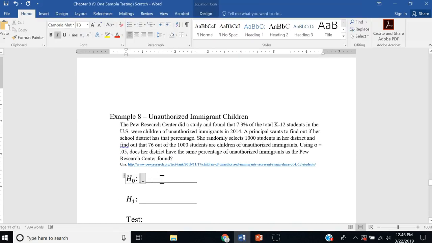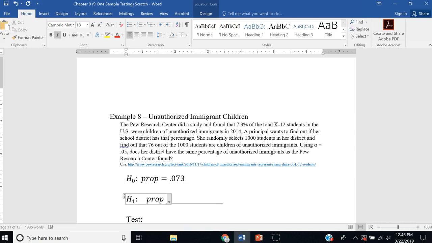So, null hypothesis. Null hypothesis should be that the proportion is equal to 0.073. Be very careful when you write these proportions as decimals. When we go 7.3%, that is 0.073 numerically. It doesn't say anything about greater than or anything. It says, is it the same or not?